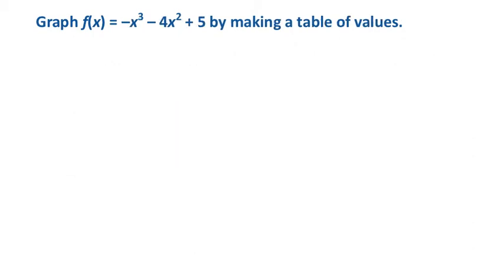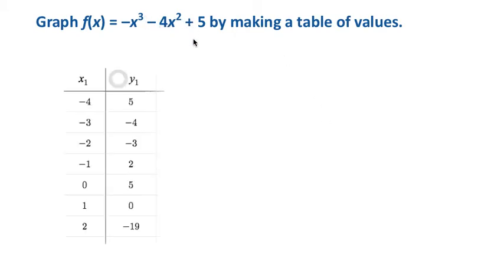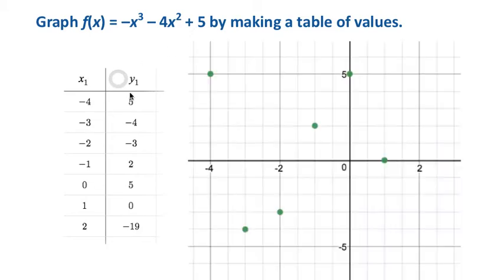Let's do another one. This time we've got -x cubed plus 4x squared plus 5. We get our table and put our points on. Now -x cubed means it's going to start up high, wobble around, and finish down low, so we're going to go down, up, down.